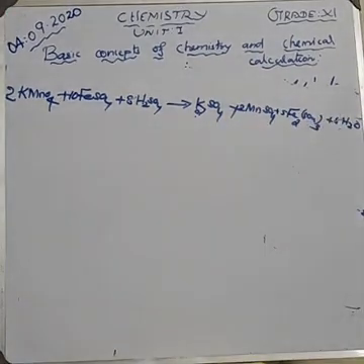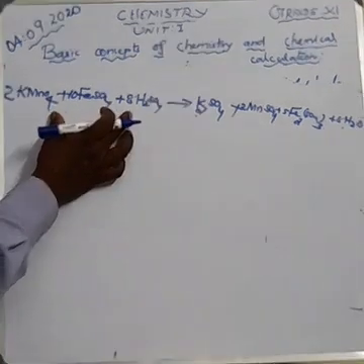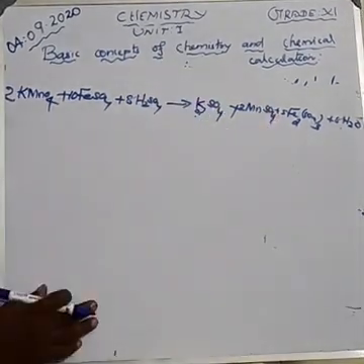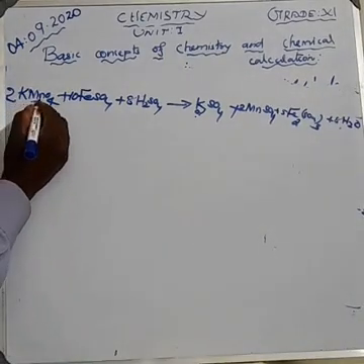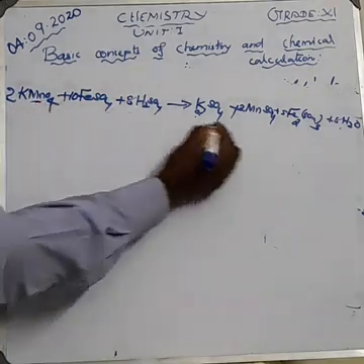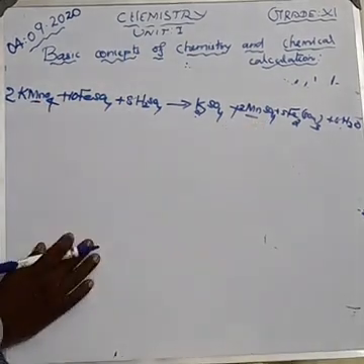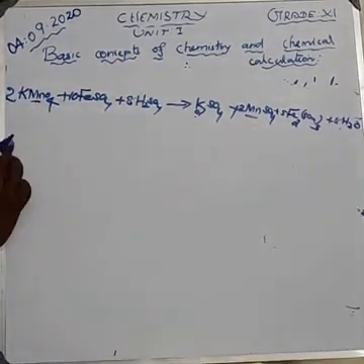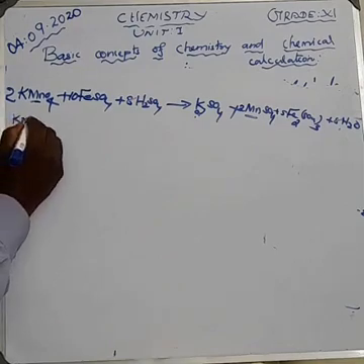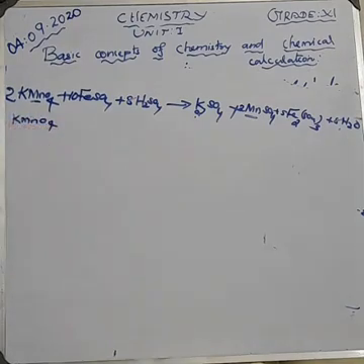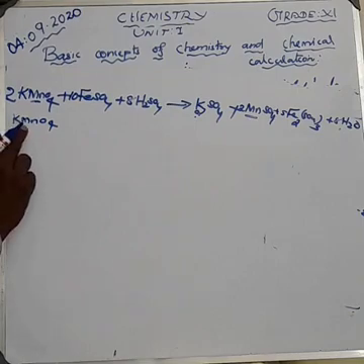Now you should find out the oxidation number for the reactant and the oxidation number for the product. First you find out the oxidation number of Mn on the reactant side and also Mn on the product side. Here, first of all, find out for KMnO4.